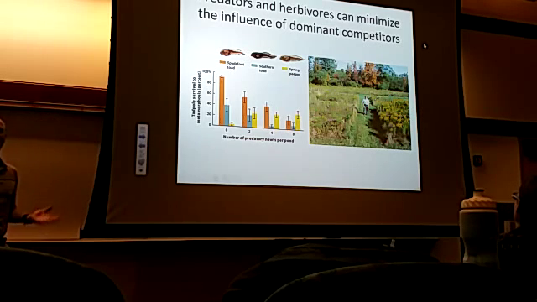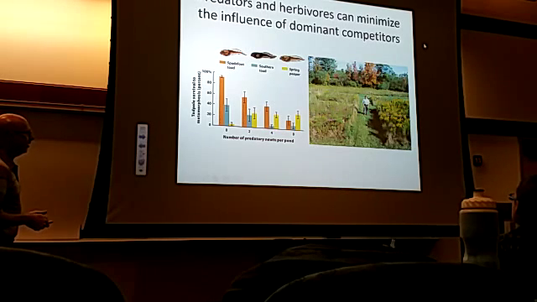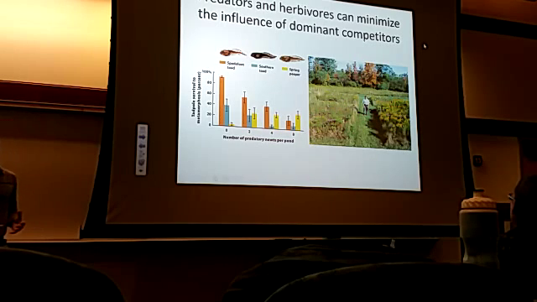And you can see directly how important that single herbivore effect might be on plant community structure. So, no predator. With the presence of a predator, you get a little bit of this plant, but a lot of other things are allowed to grow in there because the competition is reduced.